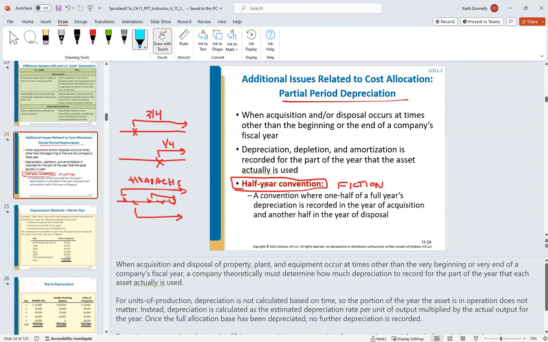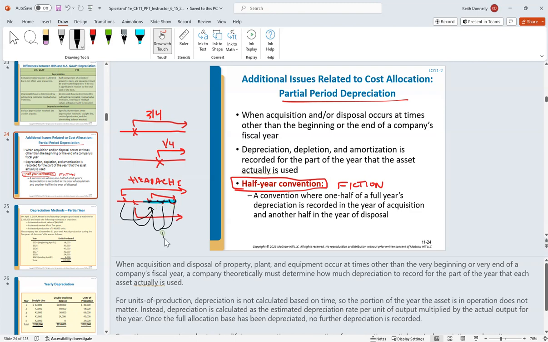Traditionally, you're going to see half year, and the half year convention says this: one half of a full year's depreciation is recorded in the year of acquisition when you buy it, and another half in the year of disposal. So it basically says, we know you put all of these in up front. Each of them, we're going to treat it as if, a fiction, even though you bought it here, we're going to treat it like you put it in the middle of the year.